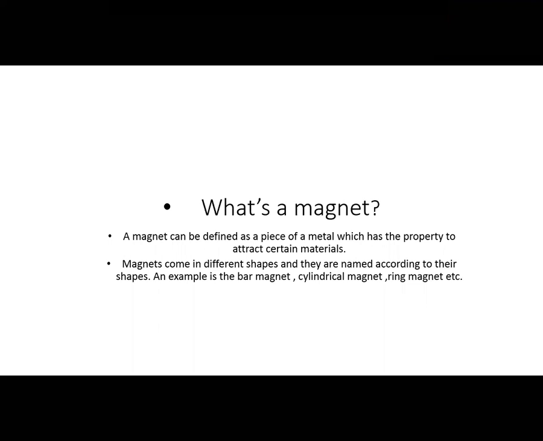Examples are the bar magnet, the cylindrical magnet, and the ring magnet. These names are given to them because of their structure. The cylindrical magnet is cylindrical in shape. The ring magnet is in the form of a ring, and the bar magnet is in a rectangular shape. That's why these names have been given to them.